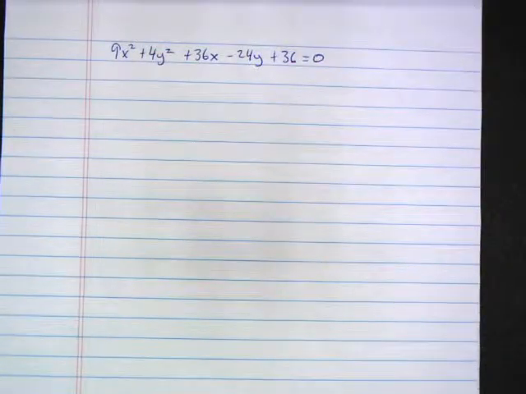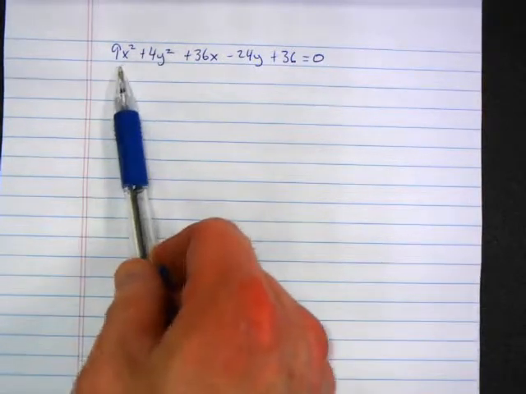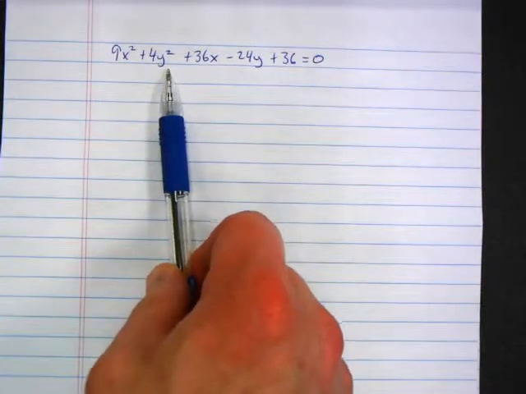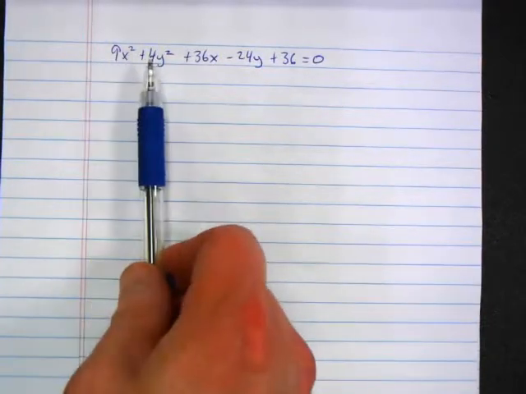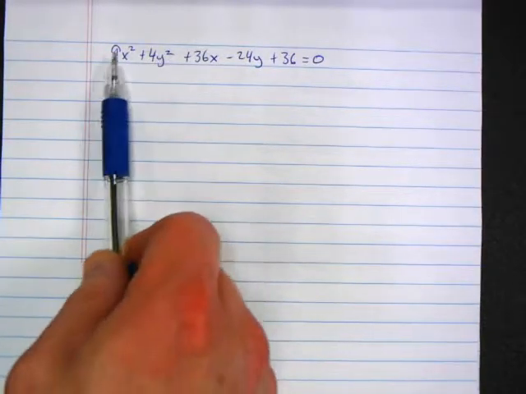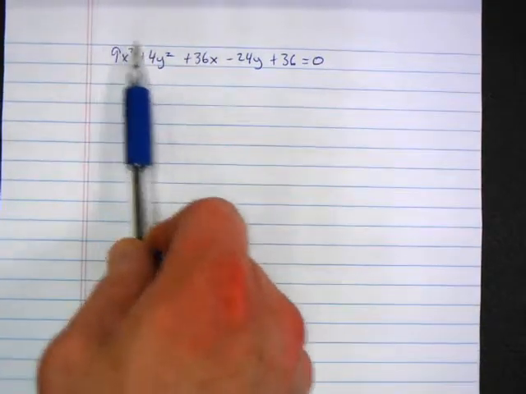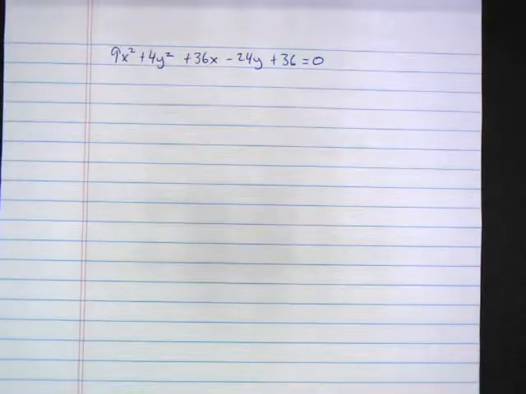If I were to give you that equation, you should quickly recognize that that is the equation of an ellipse. How do I look at that equation and recognize that that's an ellipse? Coefficients on the highest power. It has both an x squared and a y squared. The coefficients are different. Since the coefficients are different, it's not a circle. When both of these coefficients are positive, that's when you get an ellipse.